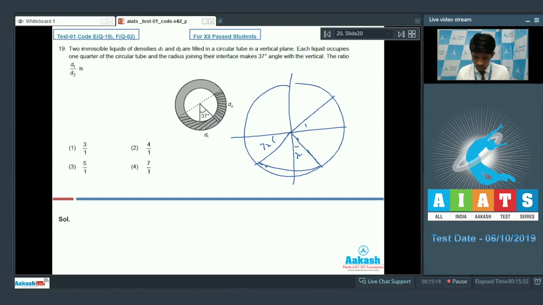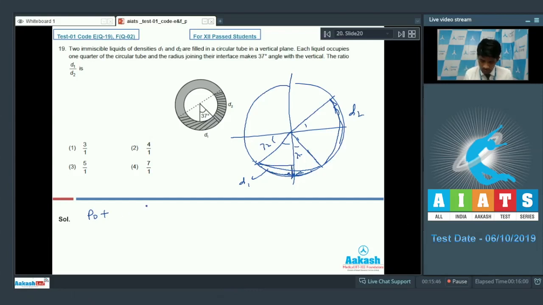Up to this much of the portion is being occupied by the liquid of density D1, and from here to here it's being occupied by the liquid of density D2. So if I compare the pressure at this point from both the sides so that the system would remain in equilibrium, perhaps I'll be getting the proper answer there. Well, writing down the pressure at this point from this way, this point being P0 here plus this being 53 degree, so this is the height.